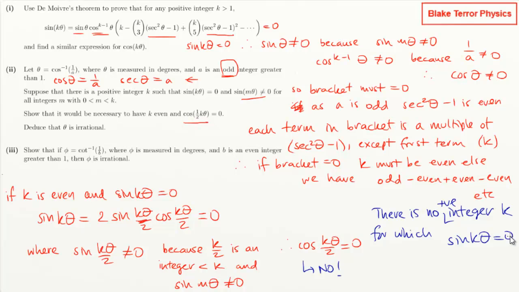If sine k theta is equal to 0, then that means k theta equals n times 180, so theta equals n times 180 over k. So theta does not equal that, so it's irrational, right? Because that's just a ratio of integers. Right, so good lord.